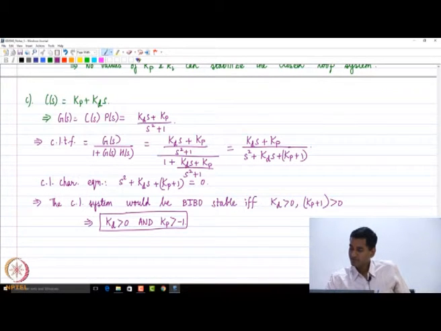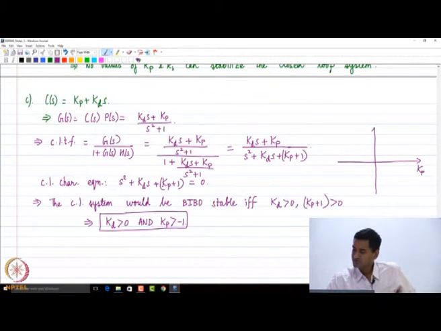If I want to plot this in the controller parameter space, I will draw a plot like so. We have Kp on the horizontal axis and Kd on the vertical axis. How will I plot Kd greater than 0? Kd greater than 0 is this half plane. How do I plot Kp greater than minus 1?